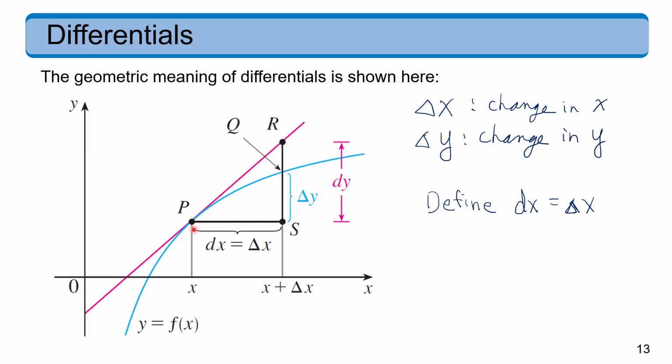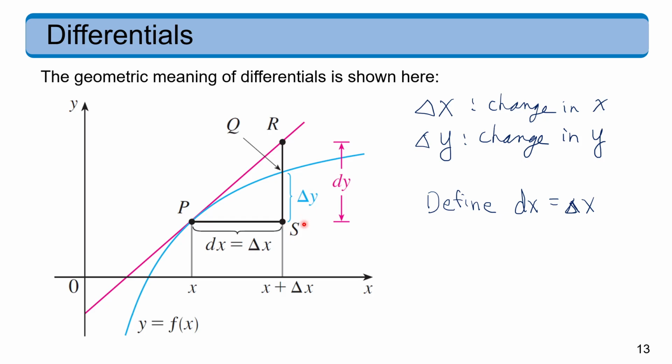We moved from point P to point Q, so those have different y coordinates. So we can indicate how much y changed by looking at the distance between the two y coordinates. So here's the y coordinate for P, and then here's the y coordinate for Q. This vertical distance that we've labeled delta y represents the change in y, which is why we've called it delta y.